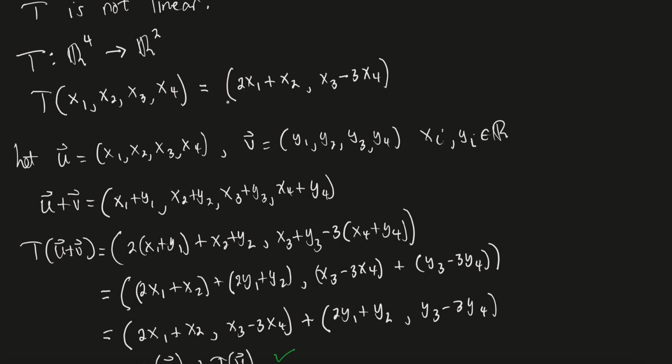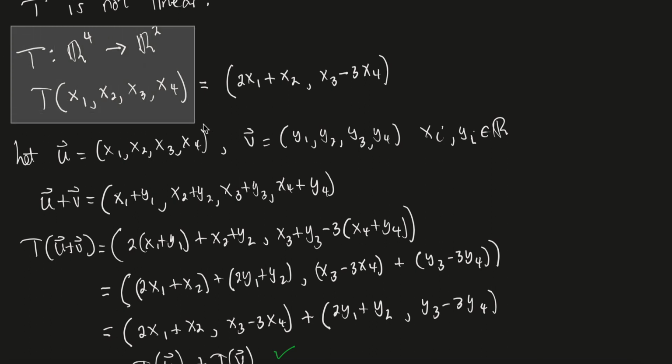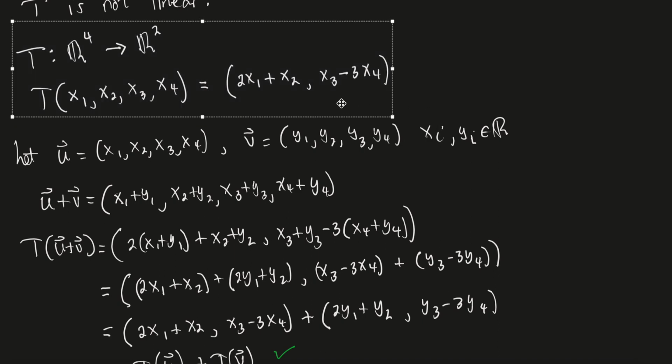So could we find a matrix that would transform the vector x1, x2, x3, x4 and produce this vector 2x1 plus x2, comma, x3 minus 3x4? So let's see how to do this. Okay, so let me do this. I am going to copy this down.